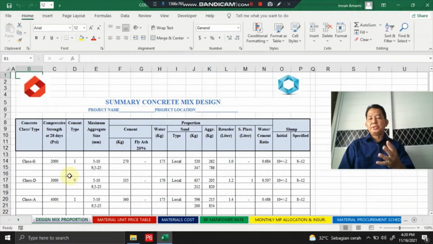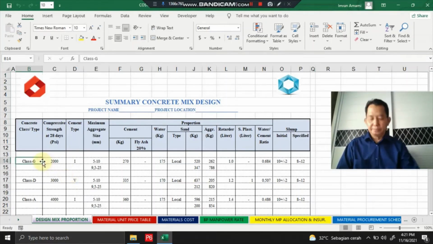Before we start this project, we should have a concrete mix design composed for these projects, and the concrete mix design composition approved by the main contractor and client. After we got approval, we have a summary of the concrete mix design as seen on the screen here.